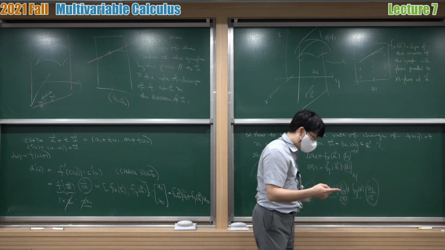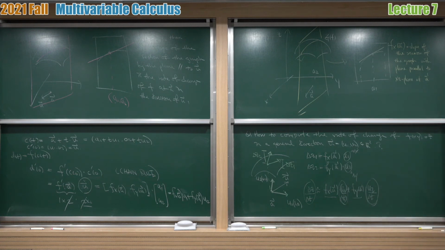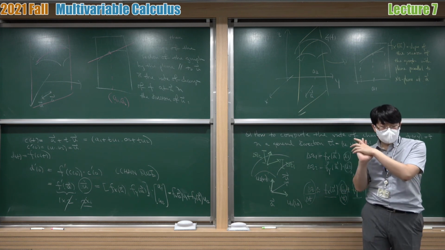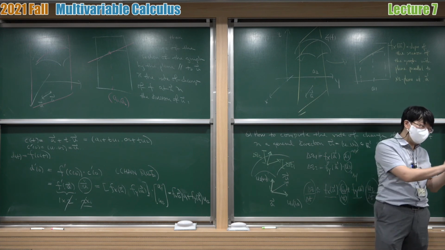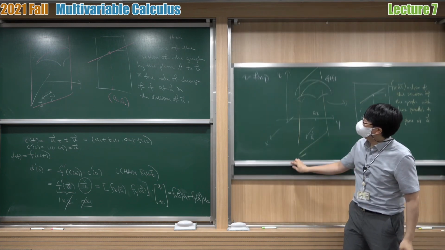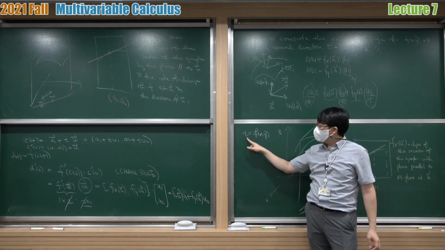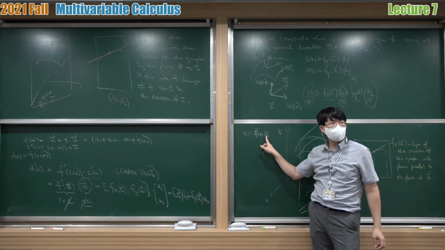So the derivative, let me state again. The derivative gives the information about how much the point moving in the domain affects the movement in the target space. So in our situation, like z equals f(x,y), the change of the value of the function is affected by two variables, x and y.